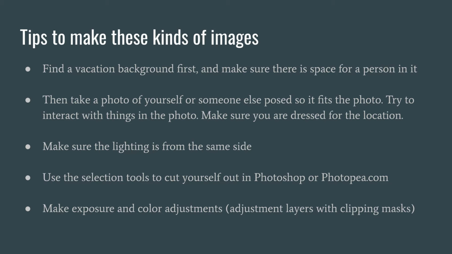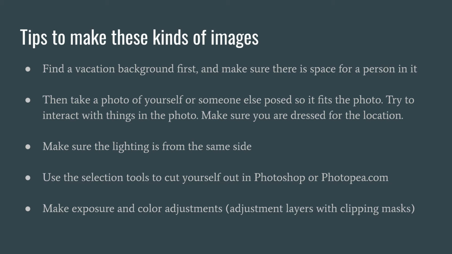Also make sure that you're dressed for the location. So if you want to go to a beach, make sure you're dressed in a bathing suit or a cover-up. Make sure the lighting is from the same side, because that's what's going to make it look so much more successful. Use selection tools that we learned in Photoshop when we were in class together, how to cut yourself out in Photoshop or Photopea.